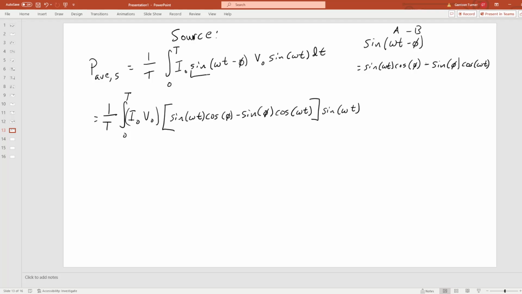So all of this turns into this, and we still have our sine omega t left over, dt. So this splits up into two integrals.